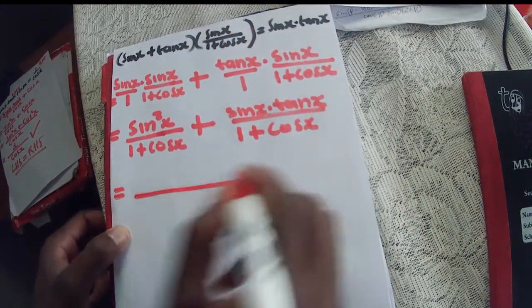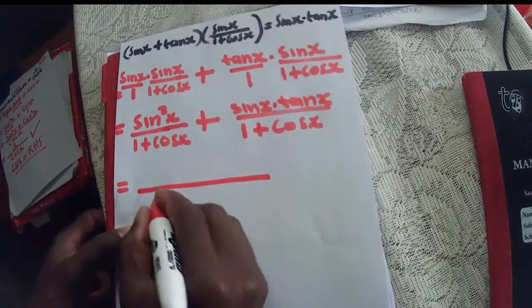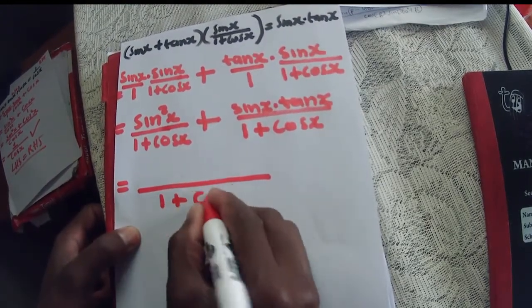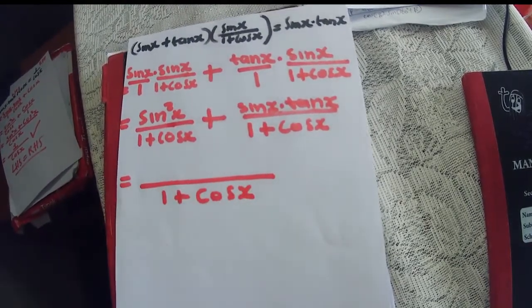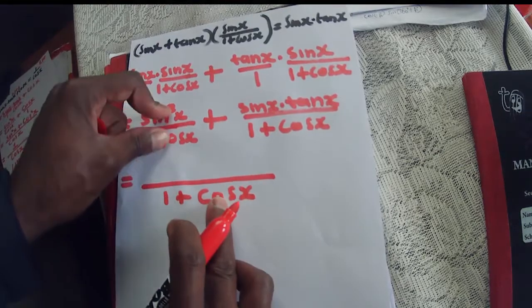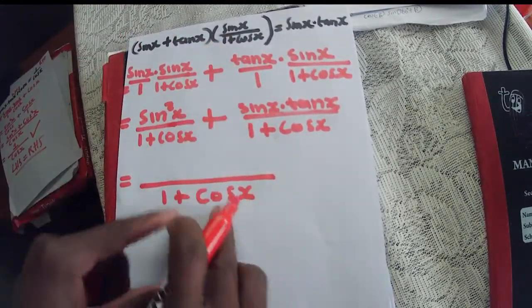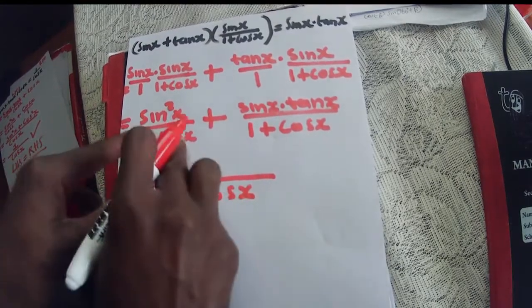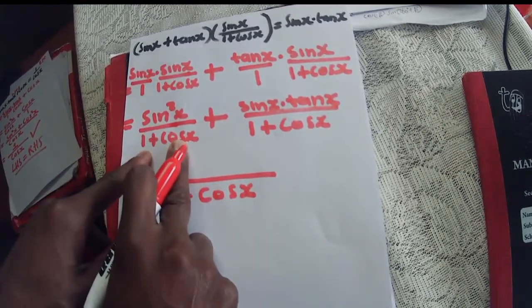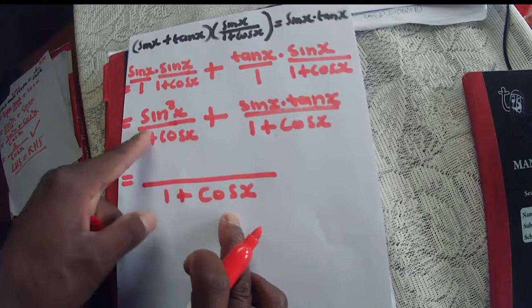Let me get a common denominator from the two. So it's 1 plus the cos of x, 1 plus the cos of x. So I'm going to go into this fraction and that fraction as well. Let us begin here. This new denominator divided by the old denominator, we are going to receive 1 since these are the same.